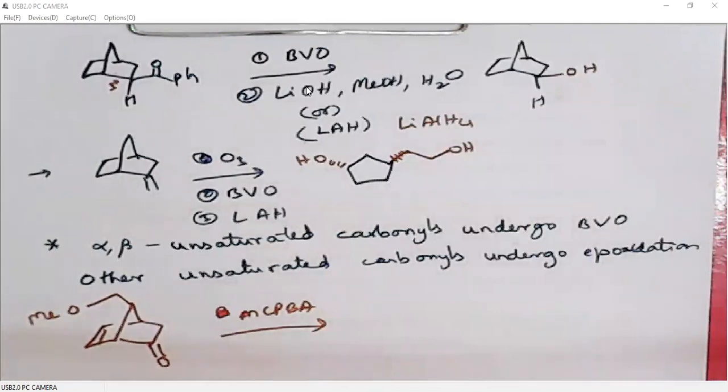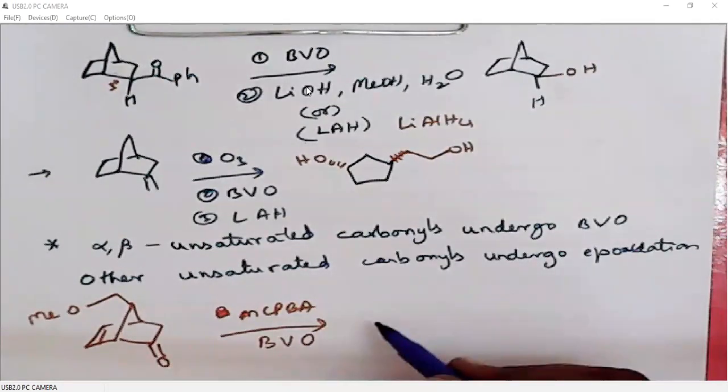But it is not. In this case, what is happening? It is undergoing Baeyer-Villiger oxidation. It is not undergoing epoxidation. So this rule is applicable for 95% of the systems, but there may be some exceptional cases like this one. Okay, so when we do Baeyer-Villiger oxidation, what is the product?